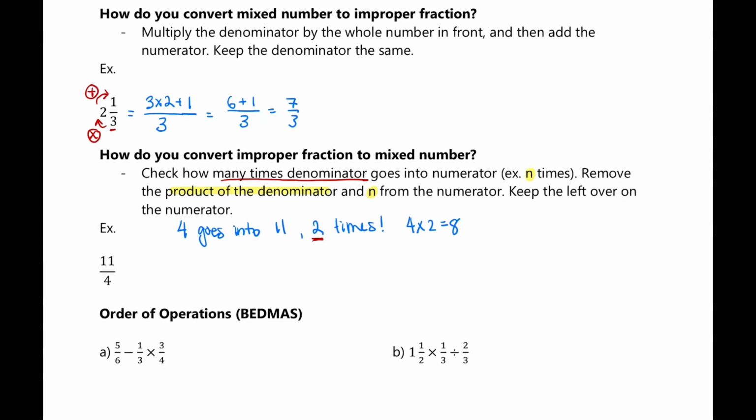And then we said the product of the denominator and n right here, and keep the leftover on the numerator. So the next step would be 11 minus 8, which is 3. This is the same thing as 2 and 3/4.